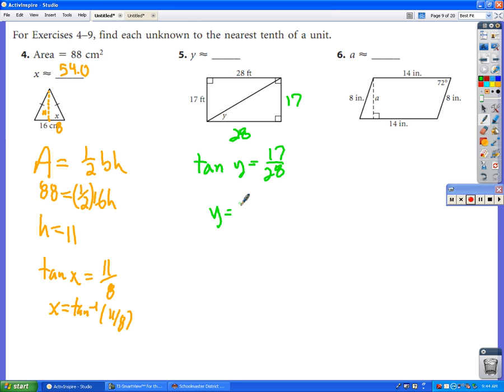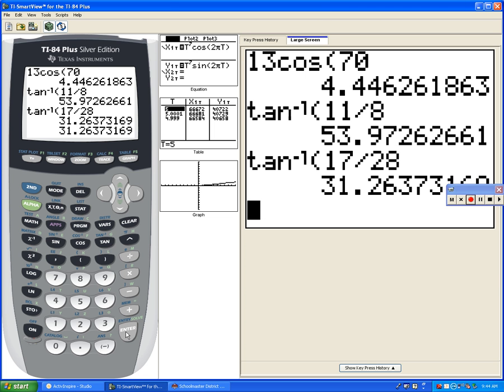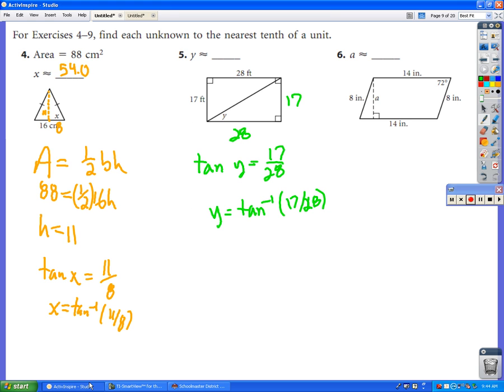So y equals the inverse tangent of 17 divided by 28, and that is going to be 31.3 degrees.